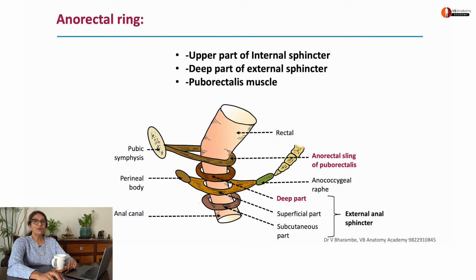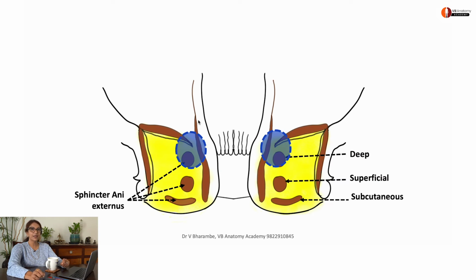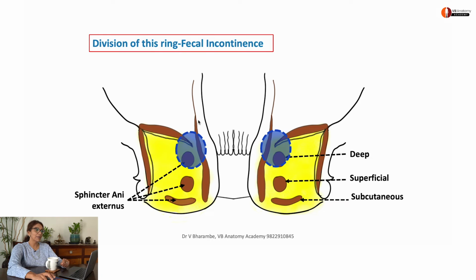The upper part of internal sphincter, the deep part of external sphincter, along with the puborectalis. See, here's the puborectalis, here's the deep part, and in the wall is the internal sphincter. Together they form the anorectal ring. So here's your anorectal ring. And if this ring is damaged, it will lead to fecal incontinence.